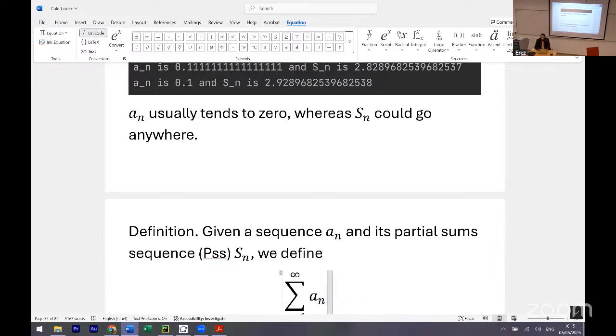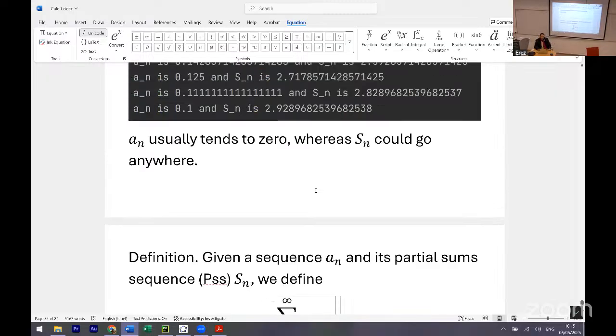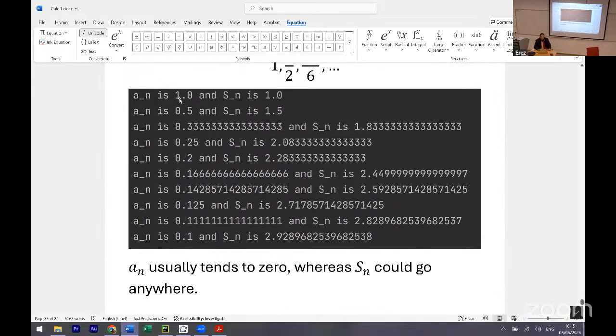to be what? What would you say is the infinite sum of all of a_n? I wish to sum up a_n in perpetuity to infinity. What would be the definition of the entire sum? Not what would be the sum here, the definition.